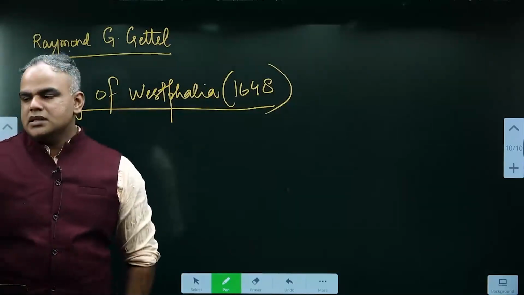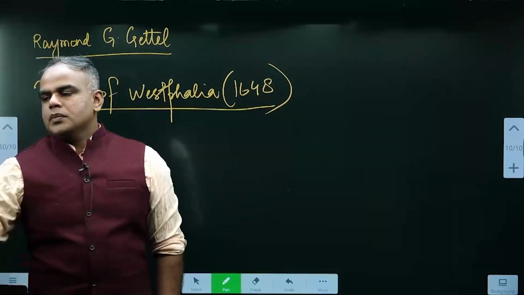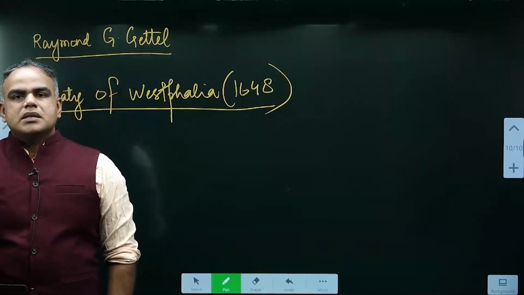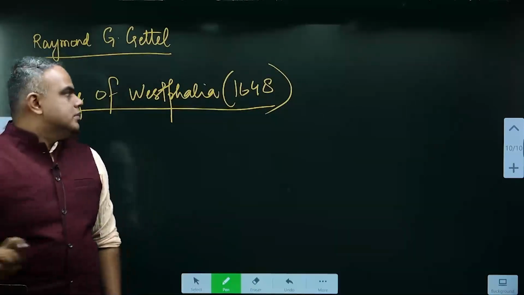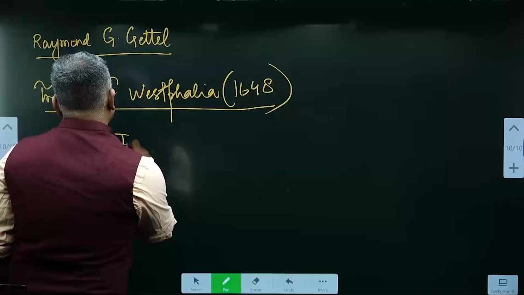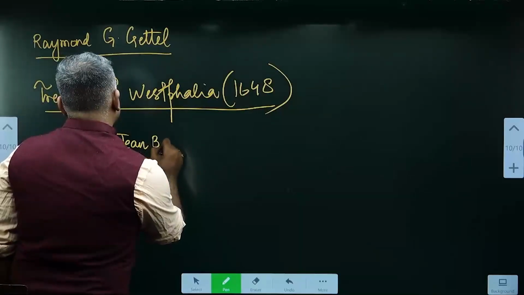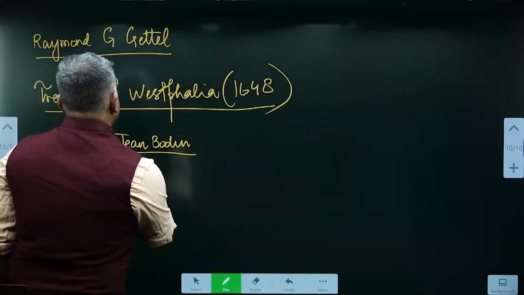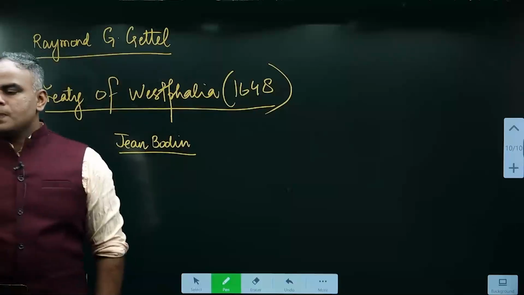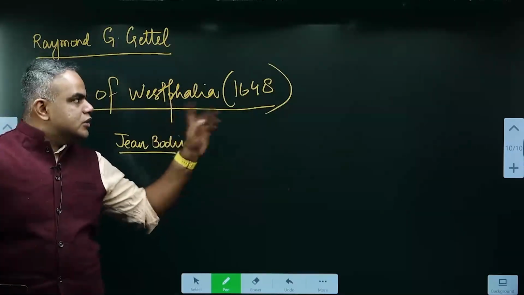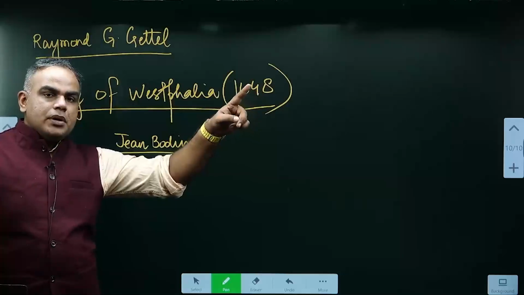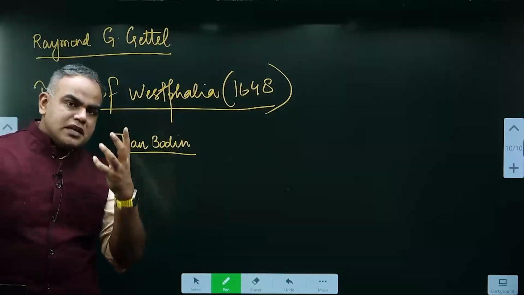Full stop, right? Classical theorists like Jean Bodin. And in your margins also write Treaty of Westphalia. Treaty of Westphalia is something very fundamental in paper 2A.